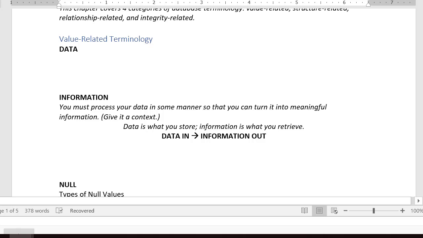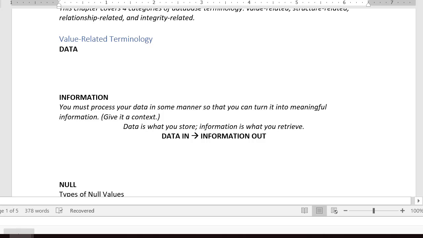Information, unlike data, which is static for the most part, is dynamic. It's constantly changing relative to the data, depending on what you're pulling out. Also with information, you can process it and present it in different ways. That's what we mean by giving it context, and therefore it becomes meaningful information.